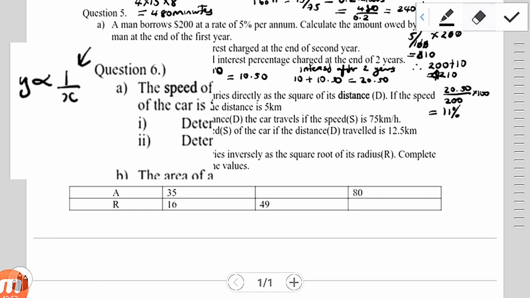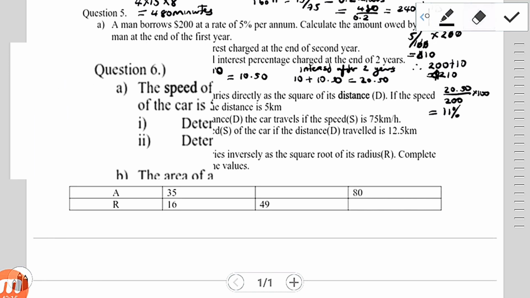My students would be accustomed to y equals k over x. That's the general rule when it comes to direct and indirect variation. In fact, for direct, it's actually k multiplied by x.